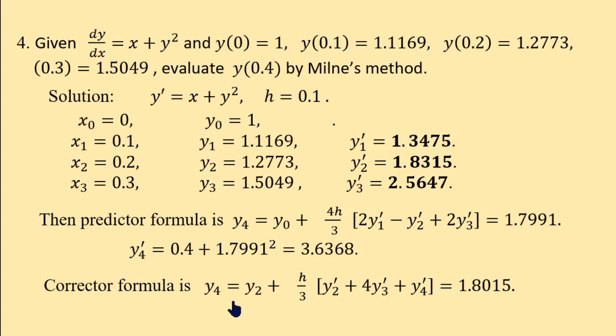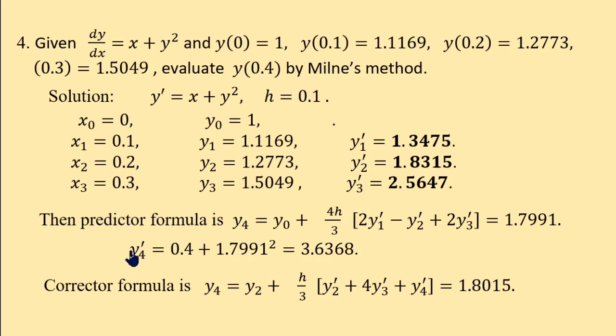Now, in your syllabus, no need to repeat this corrector formula once again. So use the corrector formula only once, that is restricted. Otherwise, to get the accurate value of y4, you would use this y4 once again here. That means y4 dash is x4 plus y4 square, replace 1.7991 by 1.8015 here.